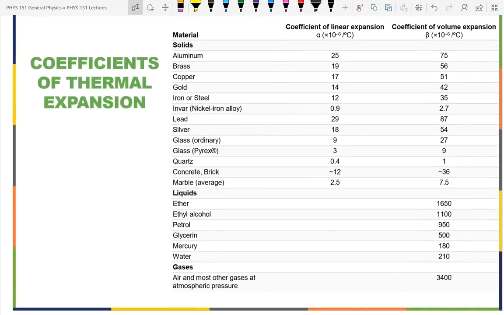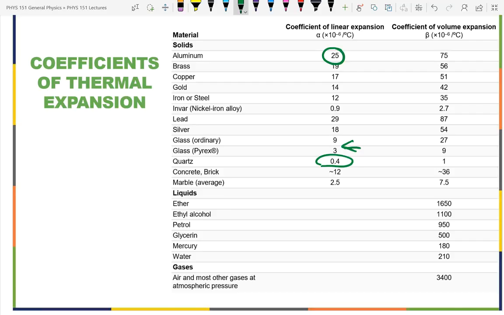Now, I talked about thermal expansion, so here are the expansion coefficients for different materials. Aluminum, brass, copper, gold. You see that aluminum expands a lot compared to, let's say, quartz. Quartz doesn't expand much at all. Now, we make our lab equipment generally, well, it used to be with Pyrex. Now there's another material.